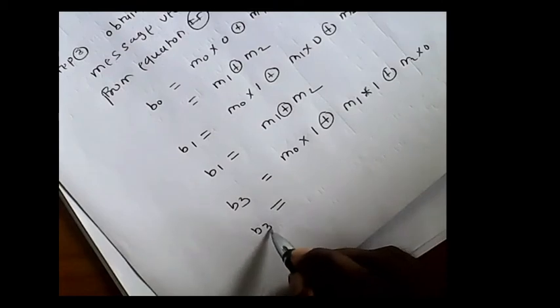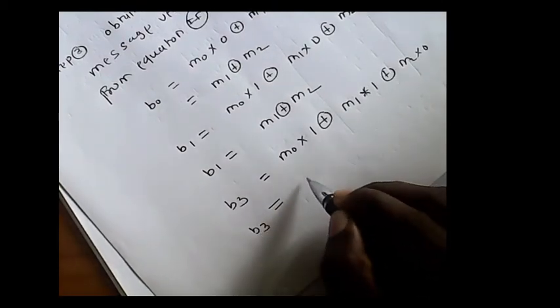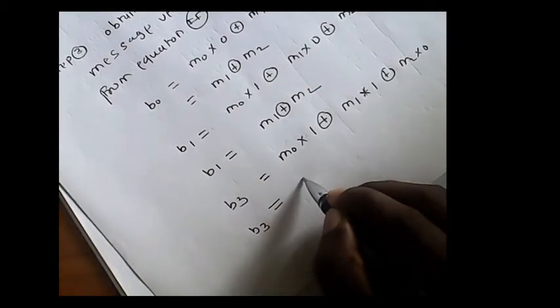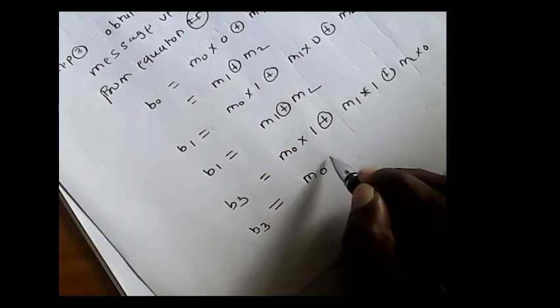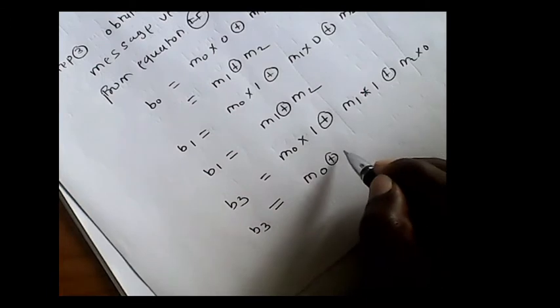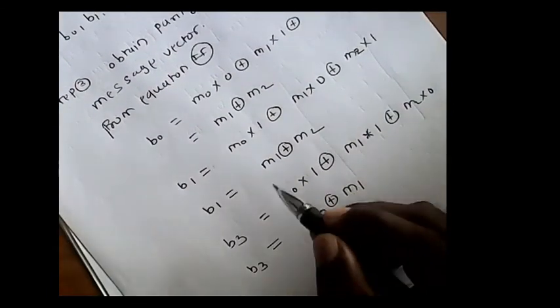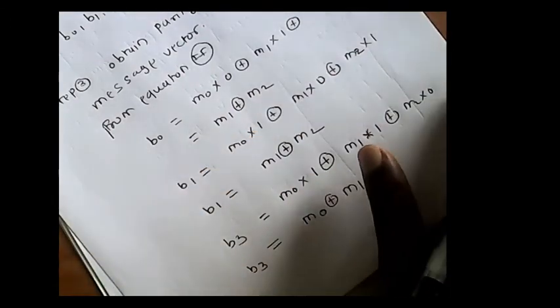After solving this equation we get B3 is equal to M0 into M1. So this is about the equation by which we can obtain the parity vectors, which is for all.